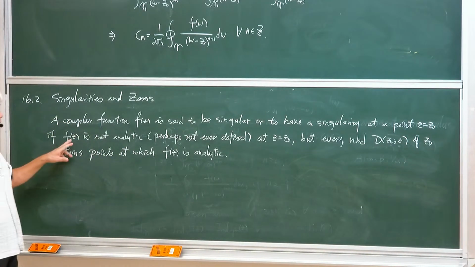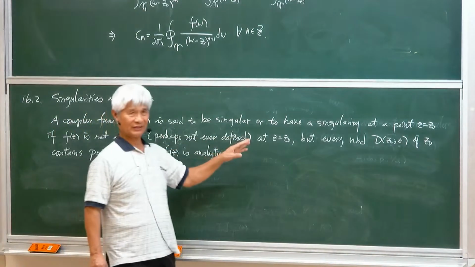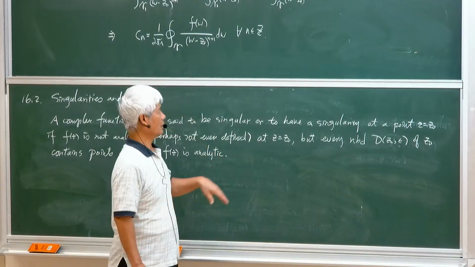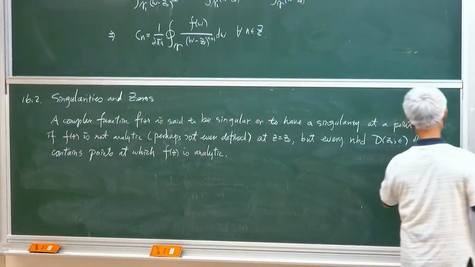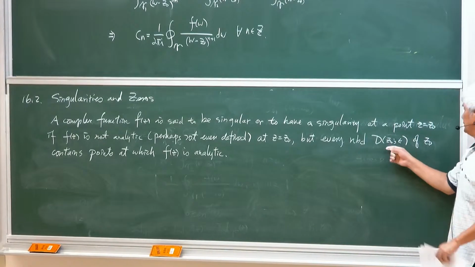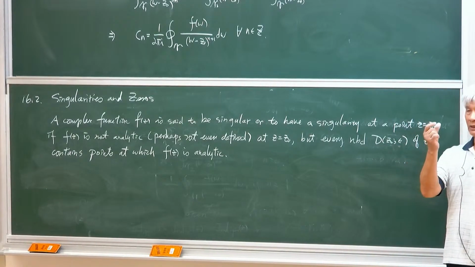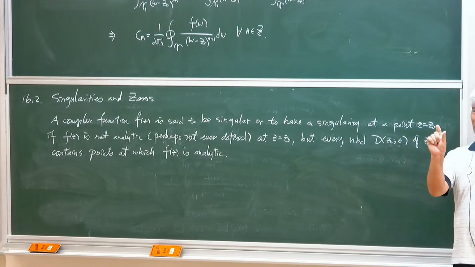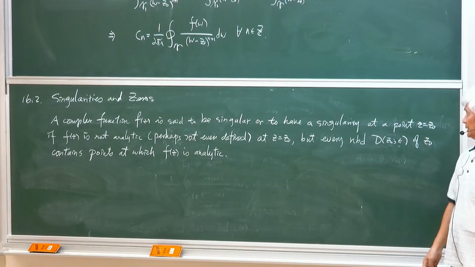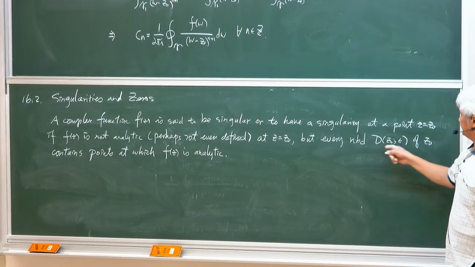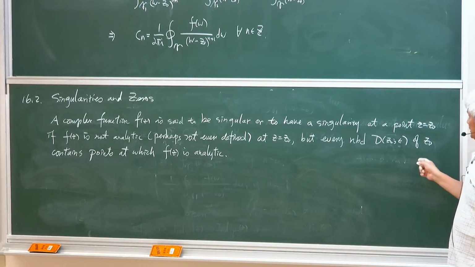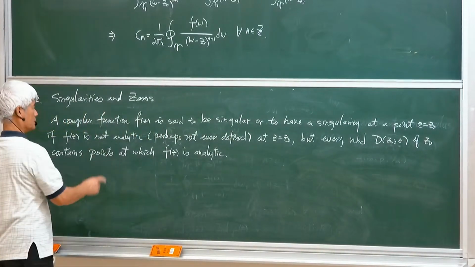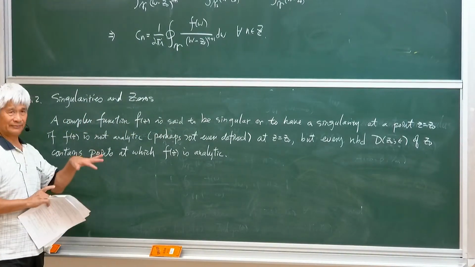One, f of z is not analytic or even not defined at that point, z0. Second, for every neighborhood of z0, we know a neighborhood of z0 is actually an open disk with center z0 and with some positive radius. So such a neighborhood contains points at which f of z is analytic.